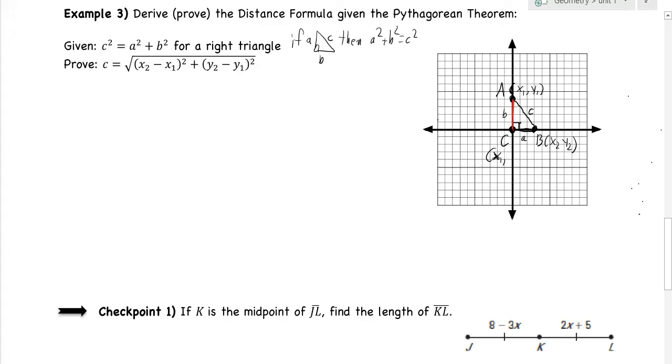Its x-coordinate is going to be x1. Whereas its y-coordinate is the same as B's y-coordinate. It's y2. So you don't have a new x and y there. You have the same x and y there. So everybody's good there.